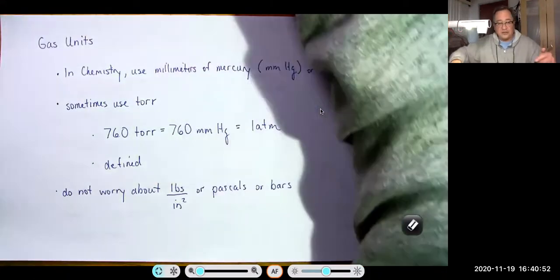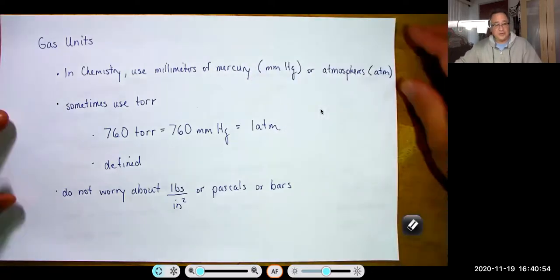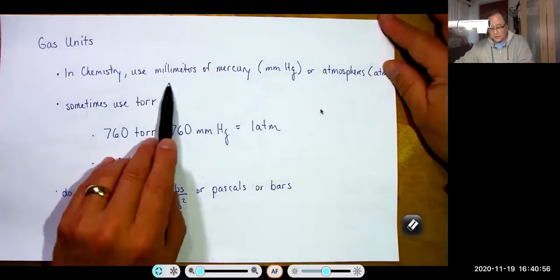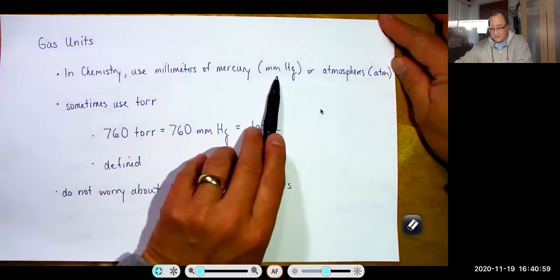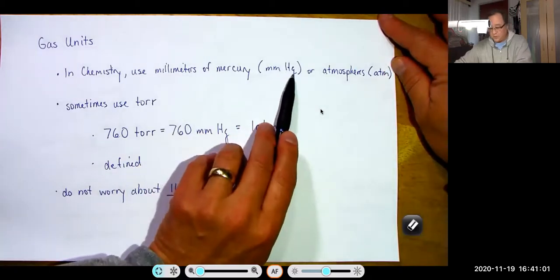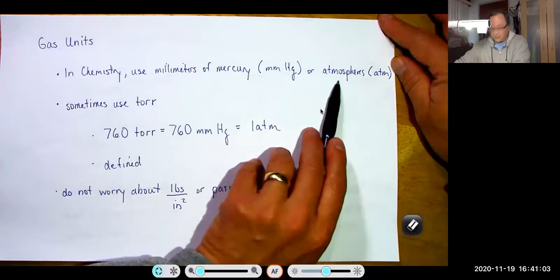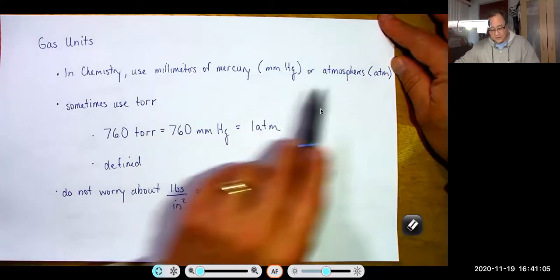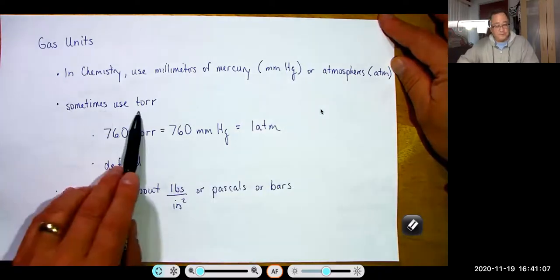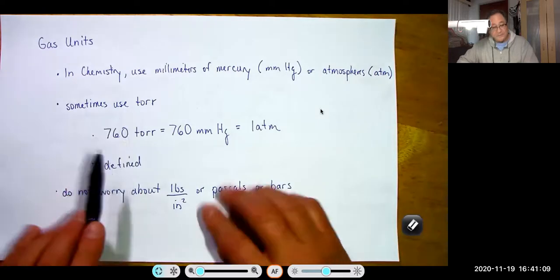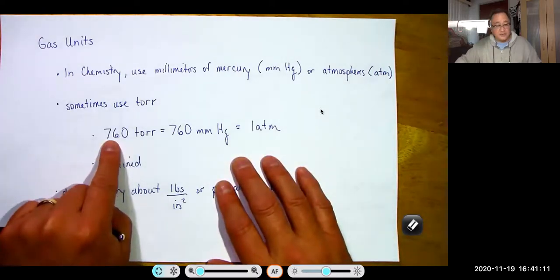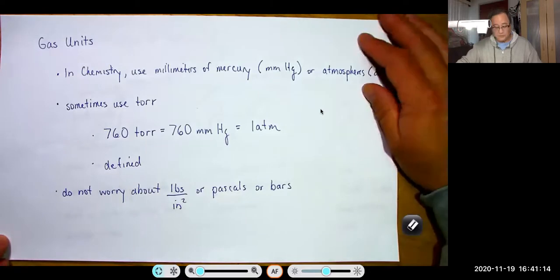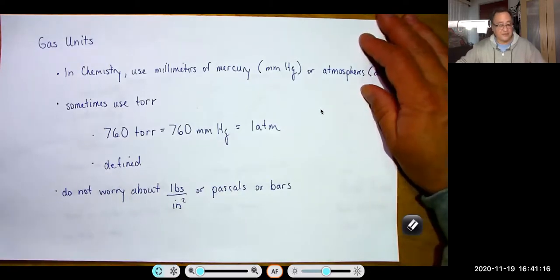Let's look at the gas units. The gas units we use in chemistry are millimeters of mercury, which is abbreviated mm, uppercase Hg, or atmospheres, which is abbreviated ATM. Sometimes we use torr, and you should know these values here. 760 torr is exactly 760 millimeters of mercury, so a torr is just another way of saying millimeter of mercury.